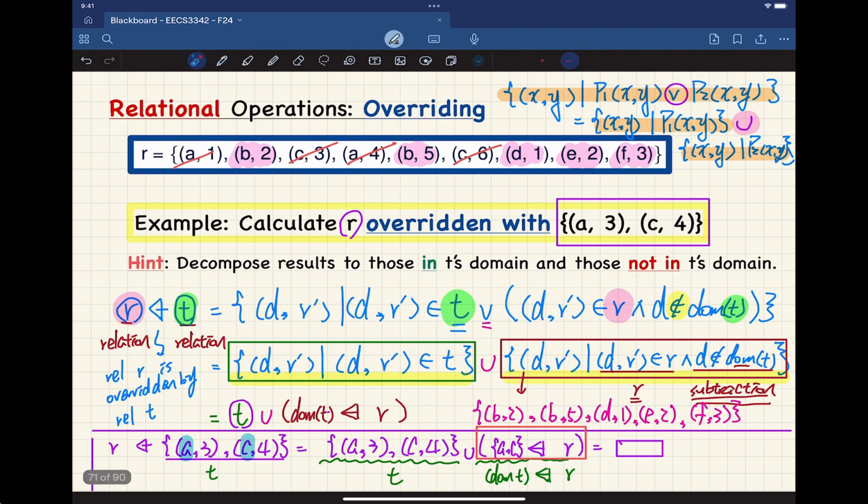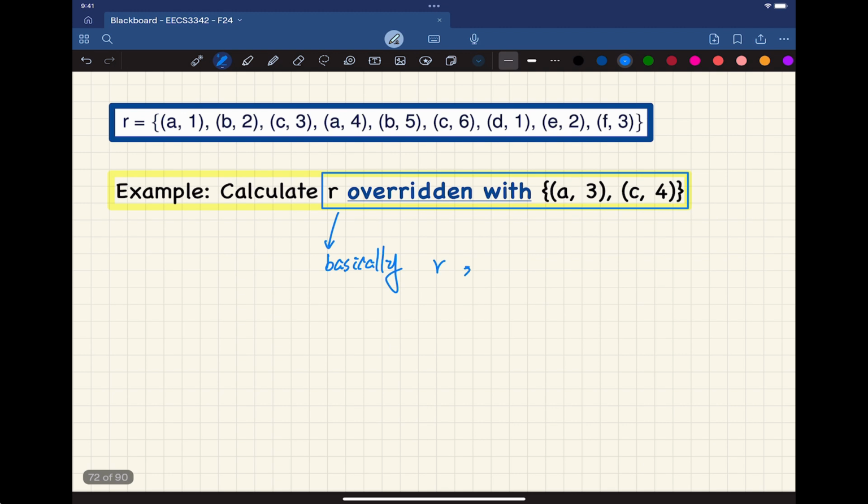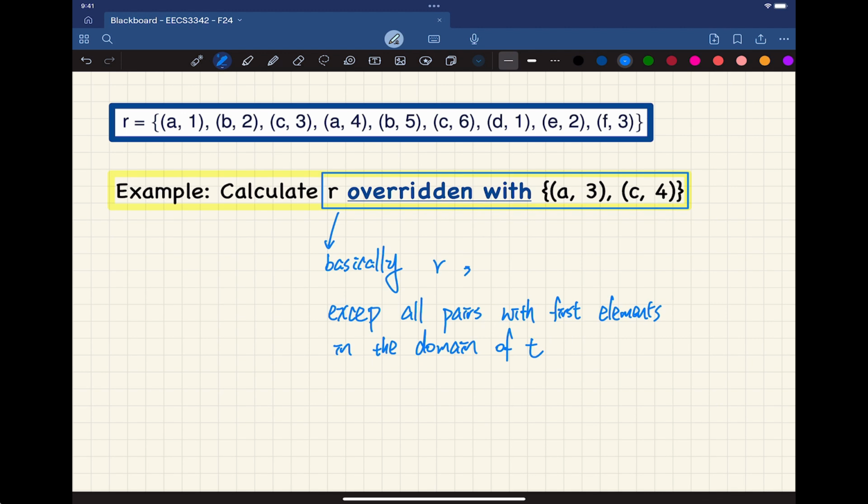This kind of corresponds to what we said here, except all pairs with the first elements in the domain of T. This is T, of course.